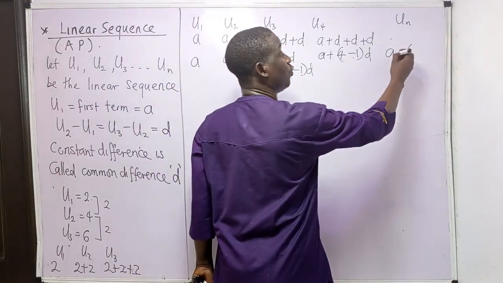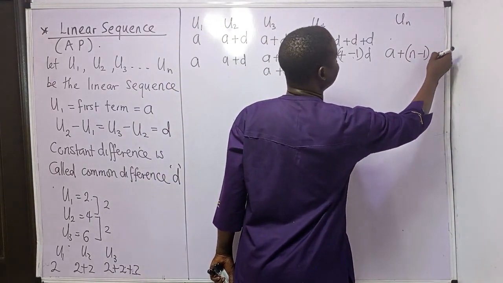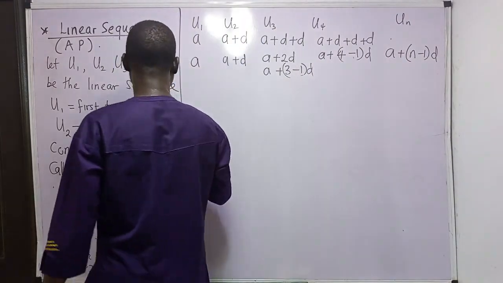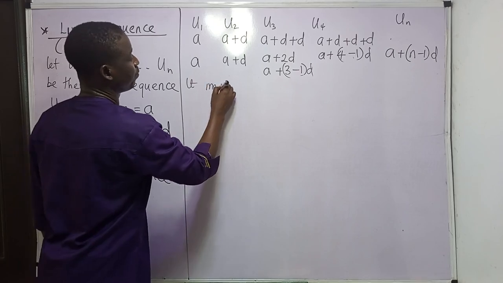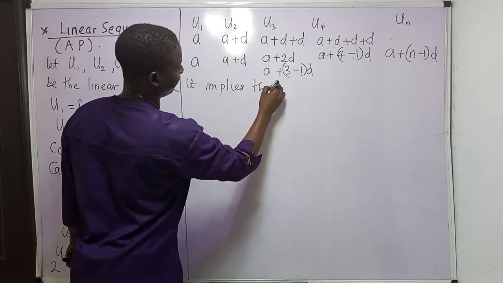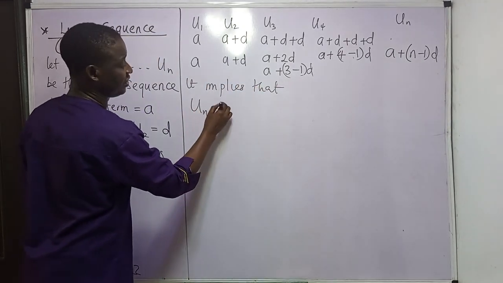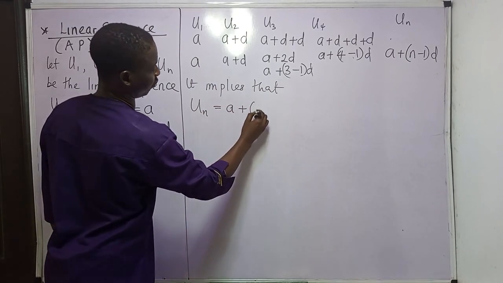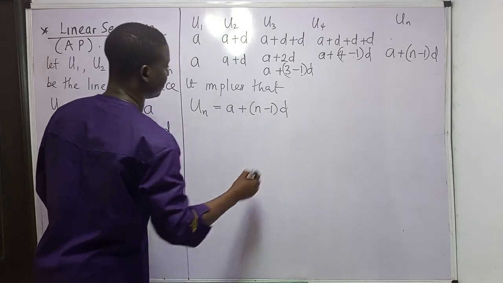So we can say this is n minus 1 times D. Therefore, our Un is equal to A plus n minus 1 times D.